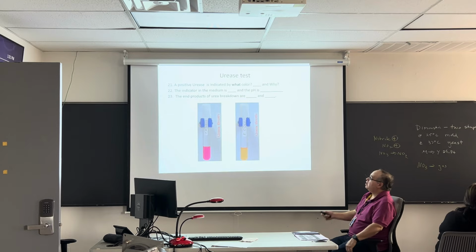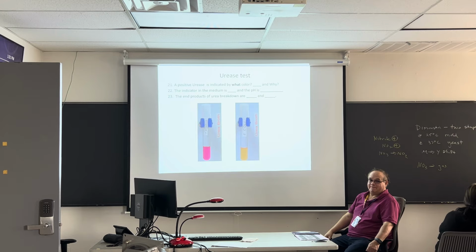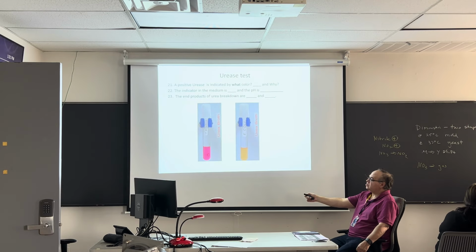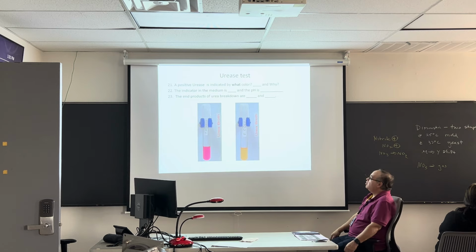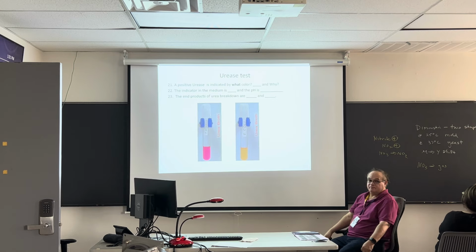Okay? The pH indicator in the medium is what? Phenol red. And that is based on pH. What is the reaction there? It's either acidic, basic, or neutral. What's the pH of that one? It's orange.